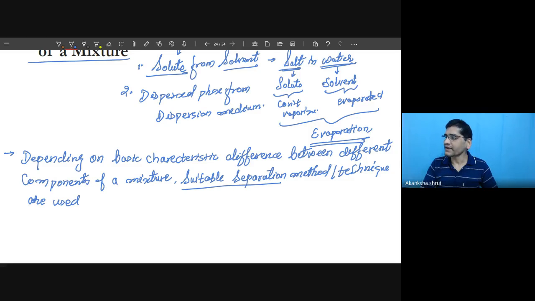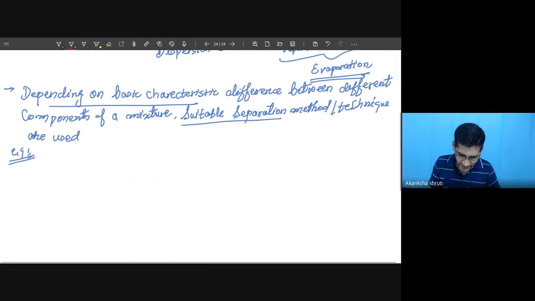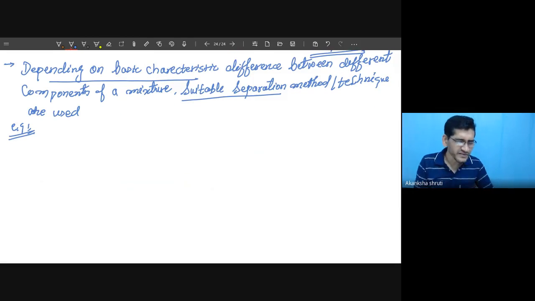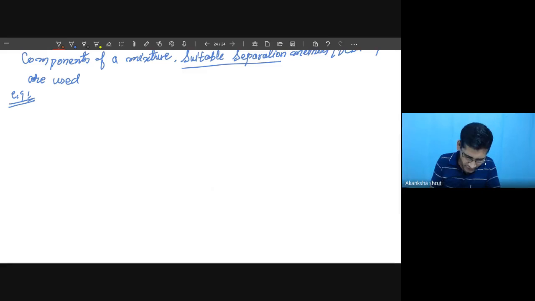So this way there are various techniques. Depending on the characteristic, the various techniques are used. What are these various techniques? Let me enumerate them with examples. I am going to write the process or technique, the method used. Students, you also please write it properly.